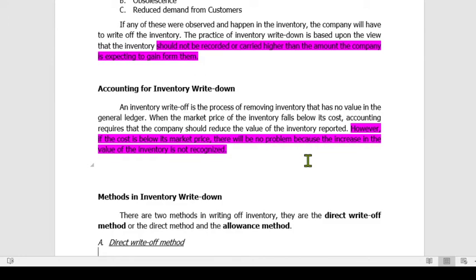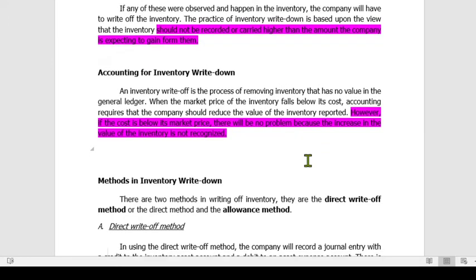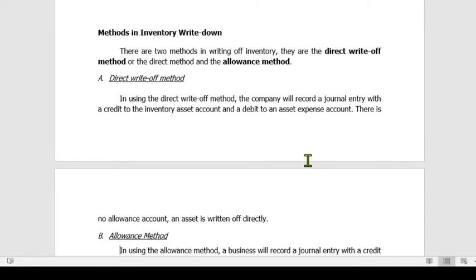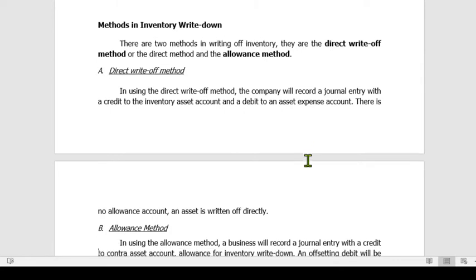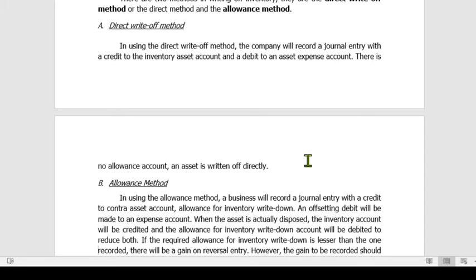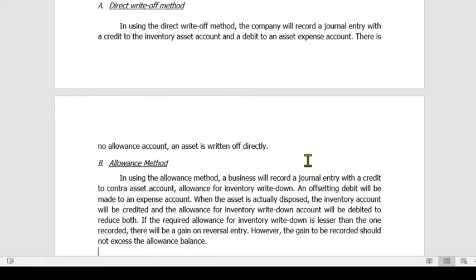So let us take a look at the methods on how we write down our inventory kapag nakita natin that the NRV is lower than the cost reflected in the financial statement. So there are two methods. One is the direct write-off. Next is the allowance method. Under the direct write-off method, nire-recognize natin kaagad on the asset account yung changes on the lower of the cost and the net realizable value.